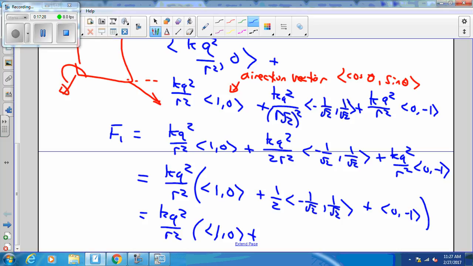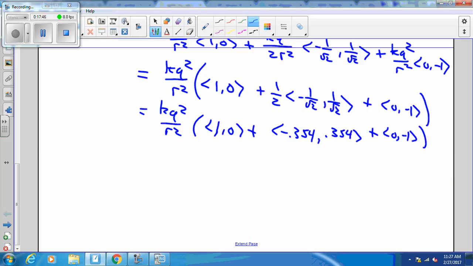Should be negative 0.354, because 1 over root 2 is 0.707, famous value that people know. 1 minus 0.354 is going to be 0.646.